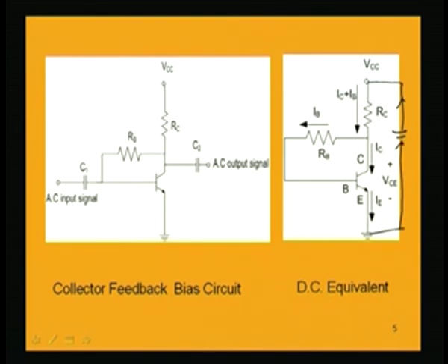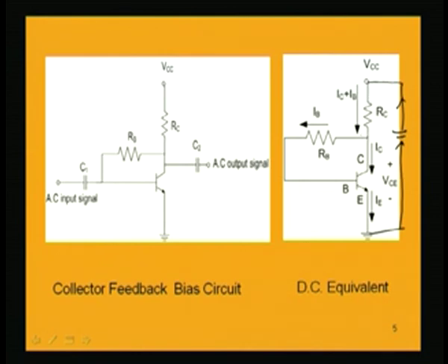The current through this resistance RC has to be the same current I, IC plus IB. So, this completes the outgoing current from the source and the entering current into the source, and those two are equal. That is why the current seen here is IC plus IB, which is equal to IE.